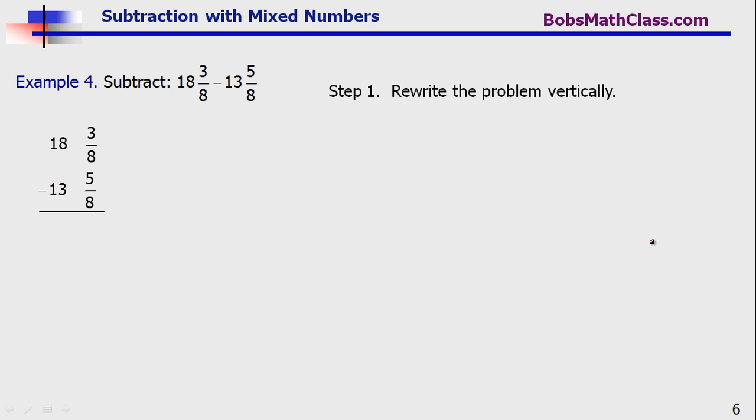Notice when I wrote the problem, I left some space because you could already see we're going to have to borrow. You've got to have a little space for that 1 or the 8/8, whichever one you want to use.